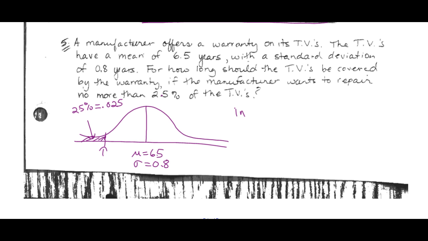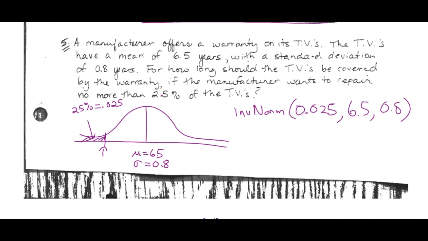With inverse norm, you give it the area to the left, which is 0.025. You give it the mean and the standard deviation. Now, if this is a standard normal distribution, these will just be 0 and 1. On the 83s, you don't have to enter a 0 and 1.